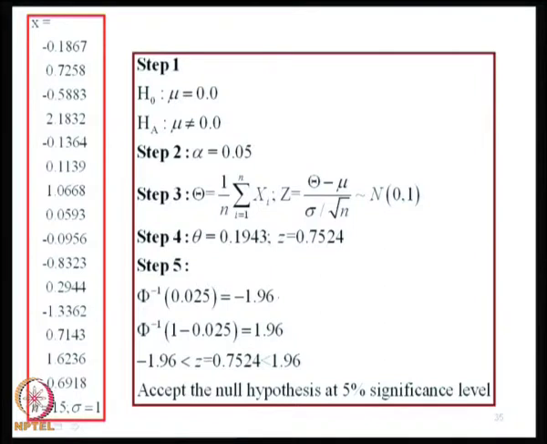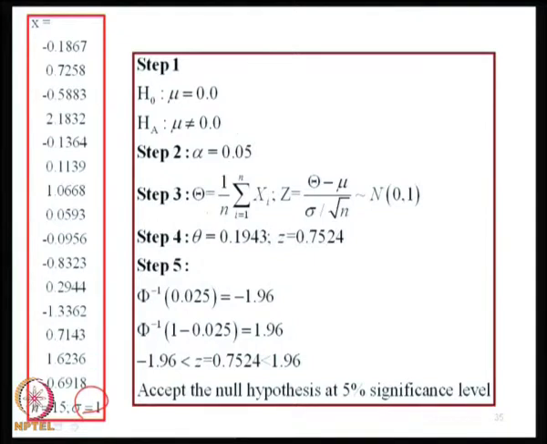So again let us take a set of 15 numbers drawn from a population whose standard deviation is 1, and the sample size is 15. Now I make a hypothesis that this sample is drawn from a population whose mean is 0, that is my null hypothesis. The alternate hypothesis is mu is not equal to 0. I select alpha to be 0.05.